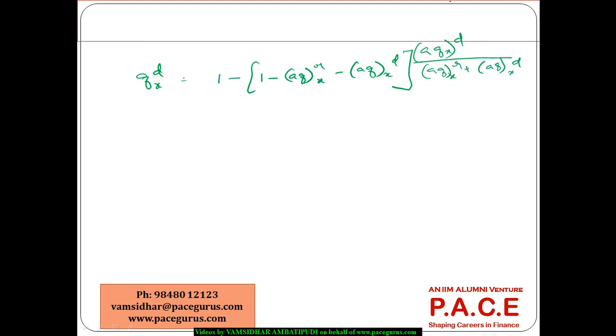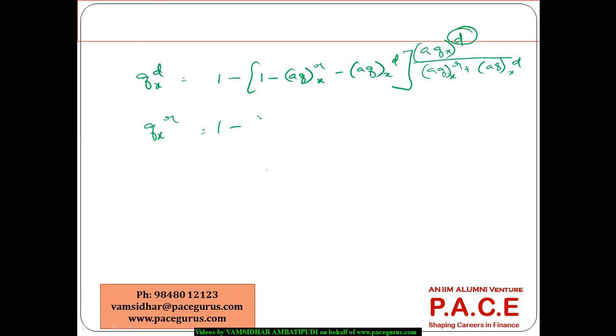This is what will come out as qx of D. And if I'm talking of qx of R, the only thing is here instead of D it becomes R. So these are the typical relationships that we can use to convert between qx, the independent probability because of the decrement, and the dependent probability because of the decrement, and any kind of numericals can be worked out accordingly.